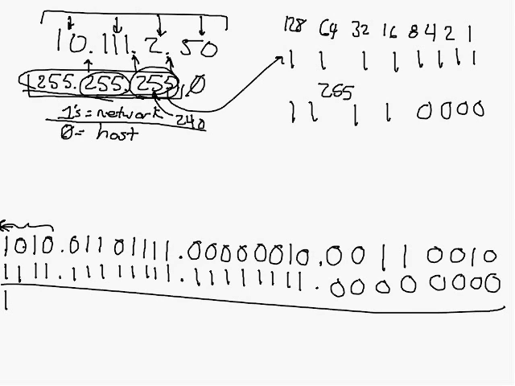A 0 and a 1 here would be a 0. 1 and 1 is 1. 1 and 0 is 0. So remember, ANDing, if it's not 1 and 1, it's a 0. So in other words, if I'm going to AND a number with all ones, what do I get? Well, I get the original number I started with, basically.